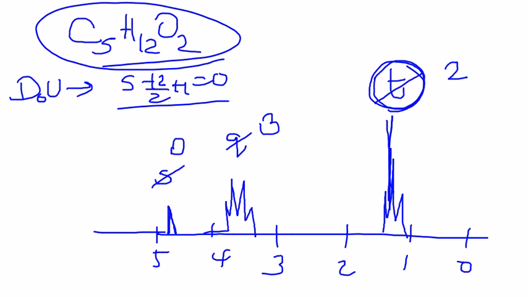So let's start there. Now in this case you're not given any information, but if information was given about the nature or the number of such protons, of course life will become a lot easier.